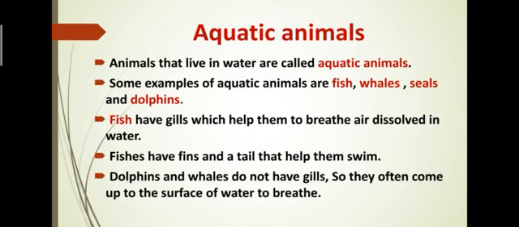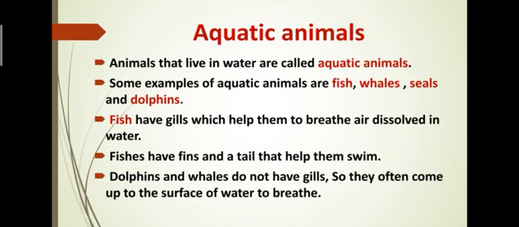Aquatic animals. Some animals who live in water are called aquatic animals. The fish have gills through which they can breathe in water, and fins and tail help them to swim properly.